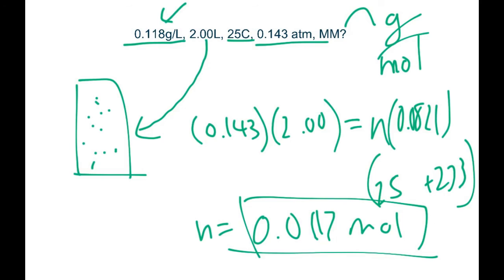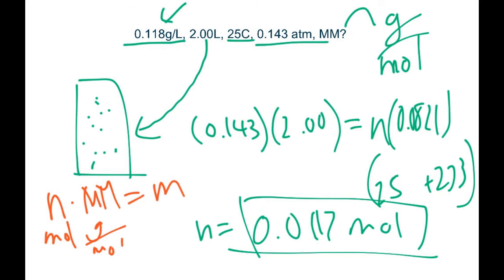Now, how can we use the moles of gas to find the molar mass? Well, we know from experience that the moles of gas times the molar mass is equal to the mass, because this is moles and this is grams per mole, and the moles cancel out to leave grams. We know that n is equal to 0.0117. So what is the mass of the gas in the container?